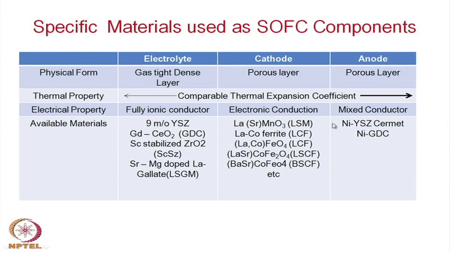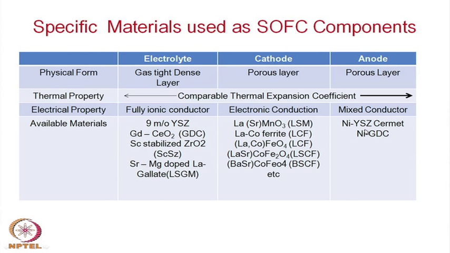So, in general metals have much higher thermal expansion coefficient than YSZ or any other ceramics. So, to match the thermal expansion coefficient and also to maintain the electronic conductivity within the material, one needs a cermet, a mixture of nickel and YSZ. That is how you match the thermal expansion coefficient with the electrolyte, because it is in contact with the electrolyte.